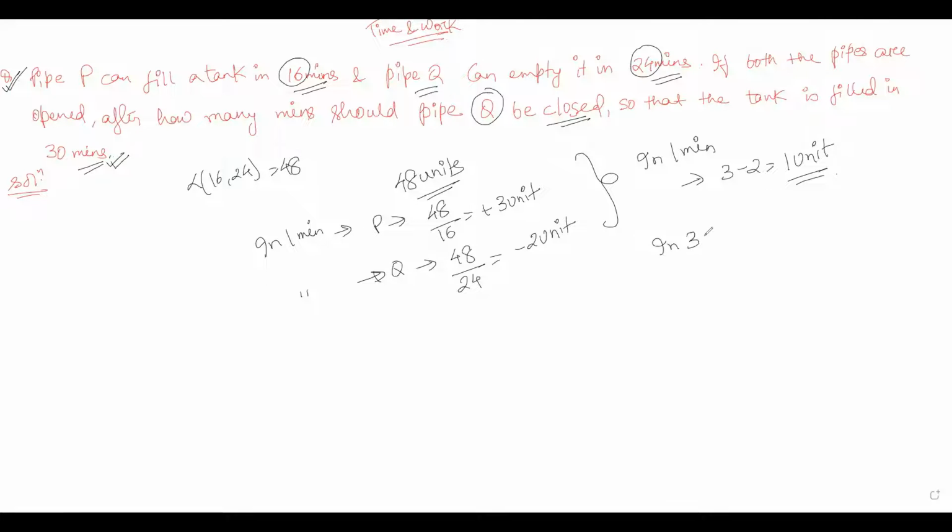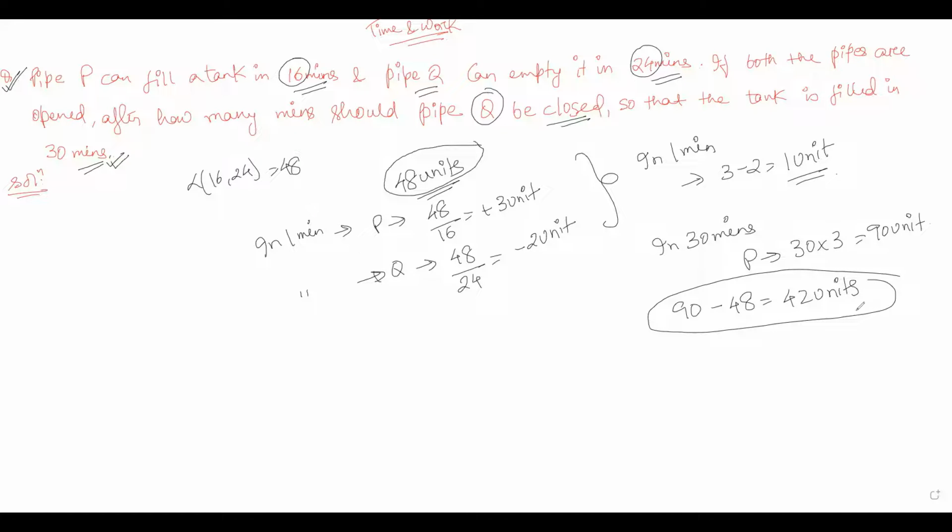So in 30 minutes, pipe P would be able to fill 30 into 3, that is 90 units of the tank. But the capacity of the tank is 48 units. So we can say that 90 minus 48, that is 42 units, has been drained by pipe Q.